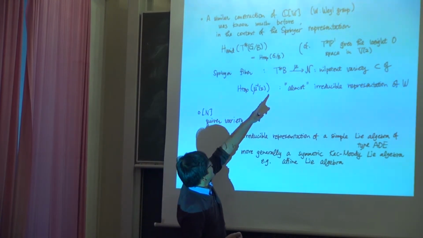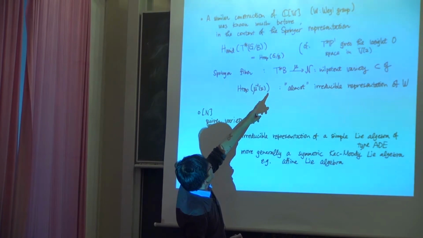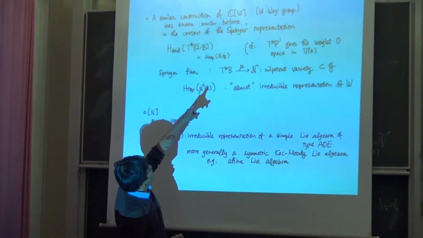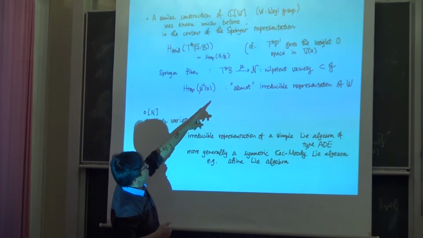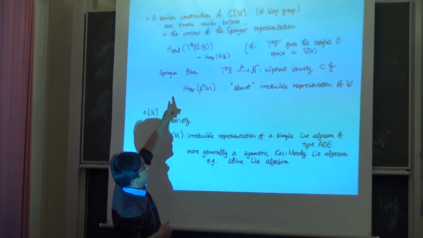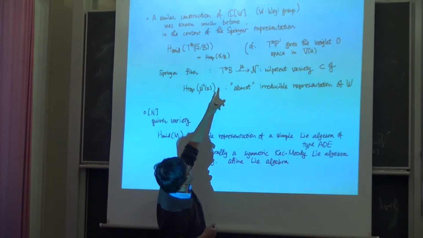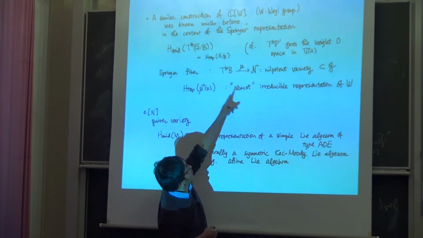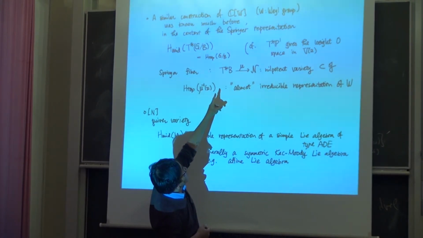instead of considering the total space, this is a misprint. So instead of the zero section G/B in the cotangent bundle T star G/B, you just consider the so-called Springer fiber. So you have a map from T star G/B to the nilpotent variety, which is the famous Springer resolution.